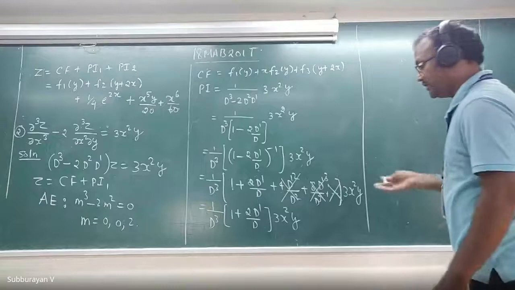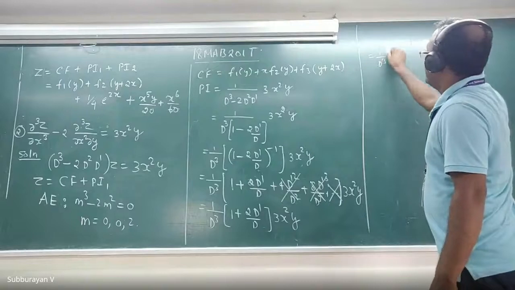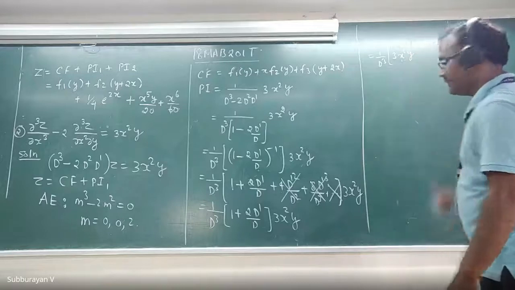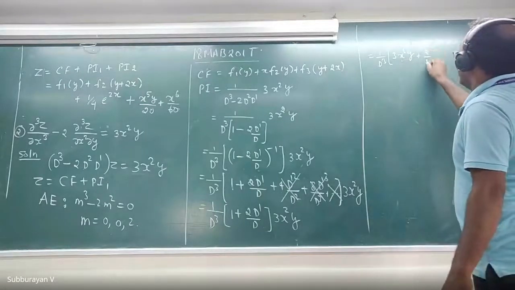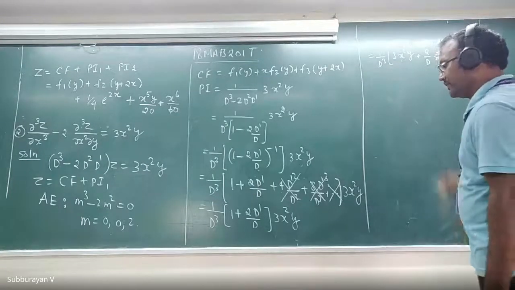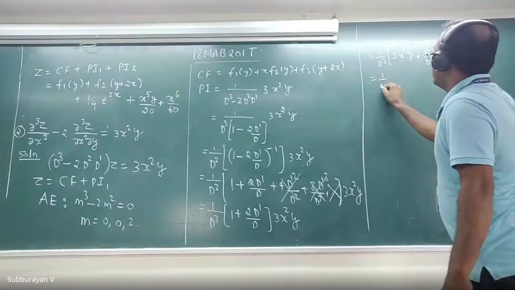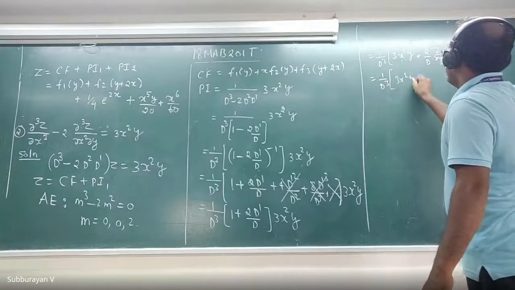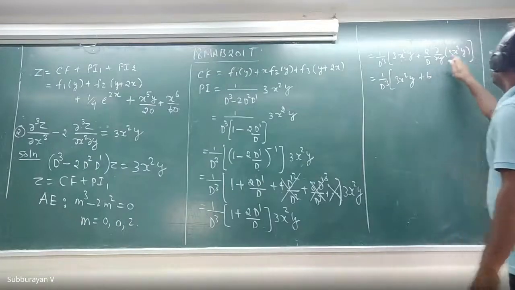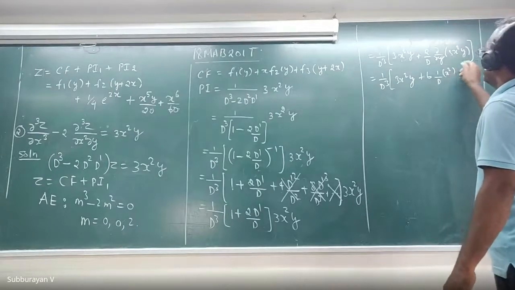Okay, now you just multiply this inside the parenthesis. Therefore this is 1/D³ into 3x²y plus 2/D into ∂/∂y of 3x²y. That is 1/D³ into 3x²y plus 2 into 3, that becomes 6, and then if I differentiate this I will get only x².